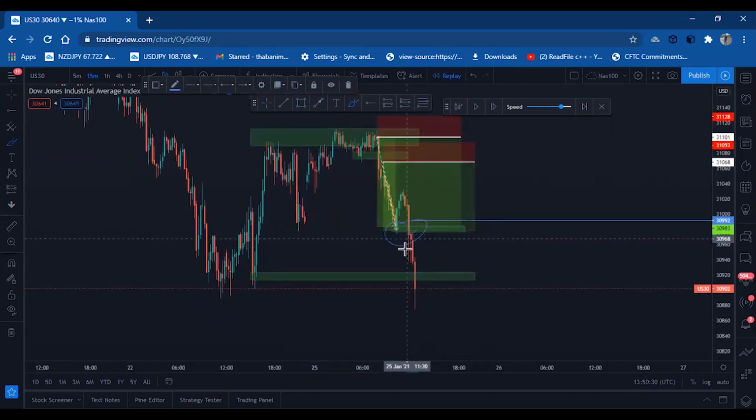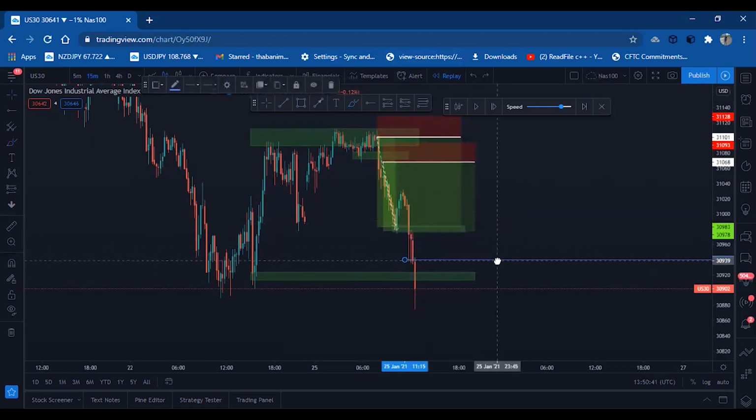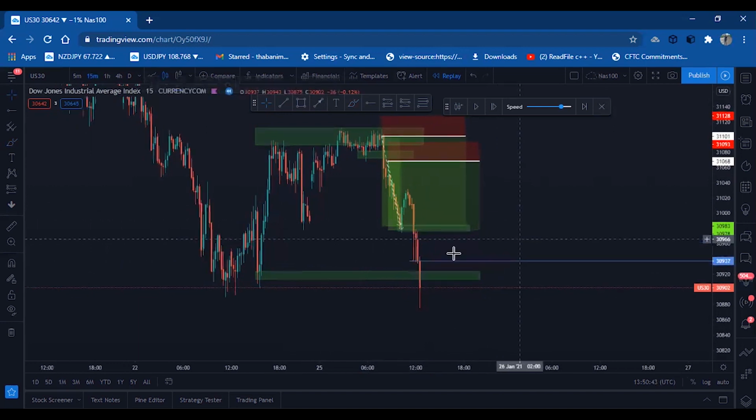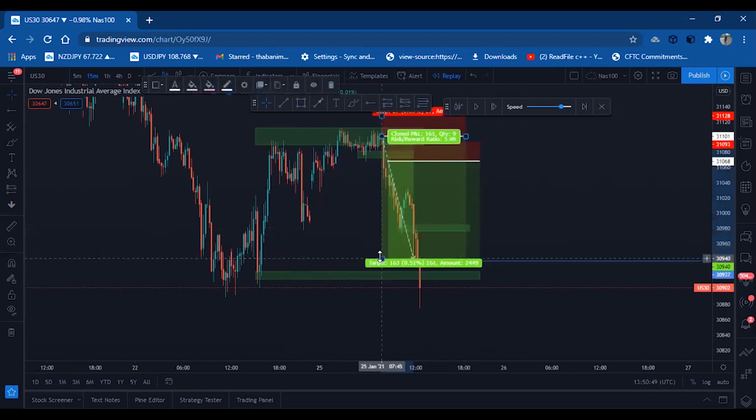But look at what we would have been missing: this whole lot of move to the downside. So now we are still in this trade and we are managing it. We're just going to put our stop loss just above these areas to avoid giving back the profit that we've already made from this position.